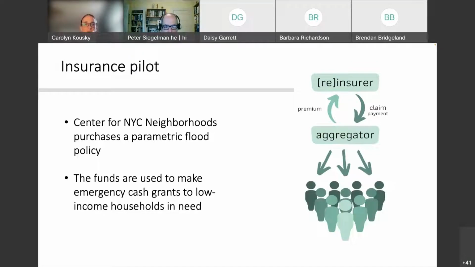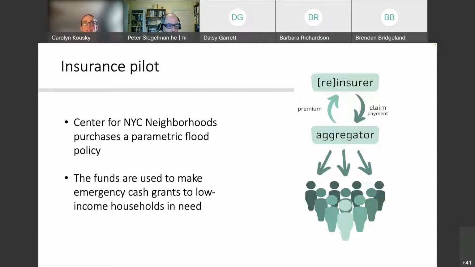They are a group that works on affordable housing for New Yorkers, and since Sandy has been very focused on helping with disaster recovery and resilience for the population that they serve. They're going to be purchasing a parametric flood product from global reinsurers. And when that product triggers, which I'll get to in a second, when there's a flood event, they get the payout, and then they use that to make emergency cash grants to low-income households.